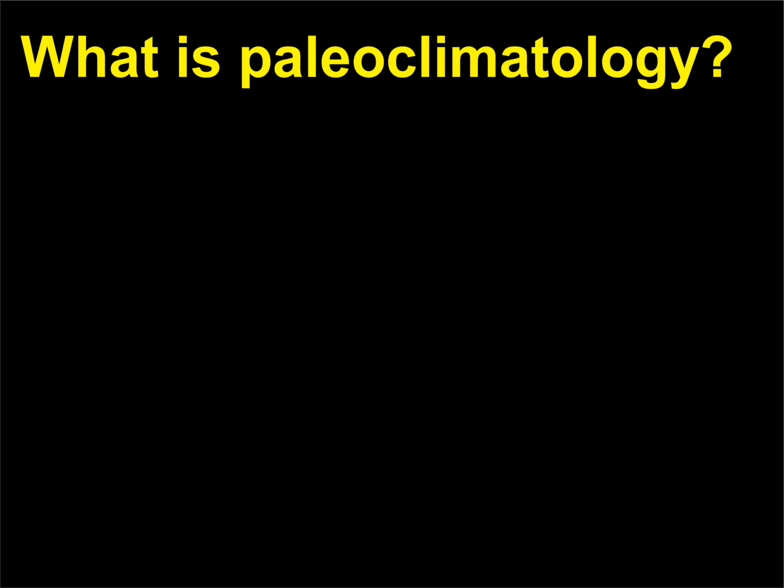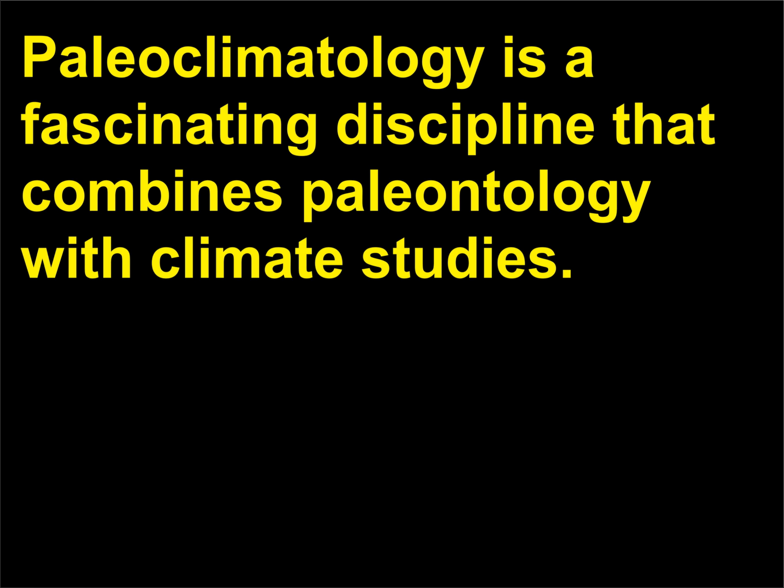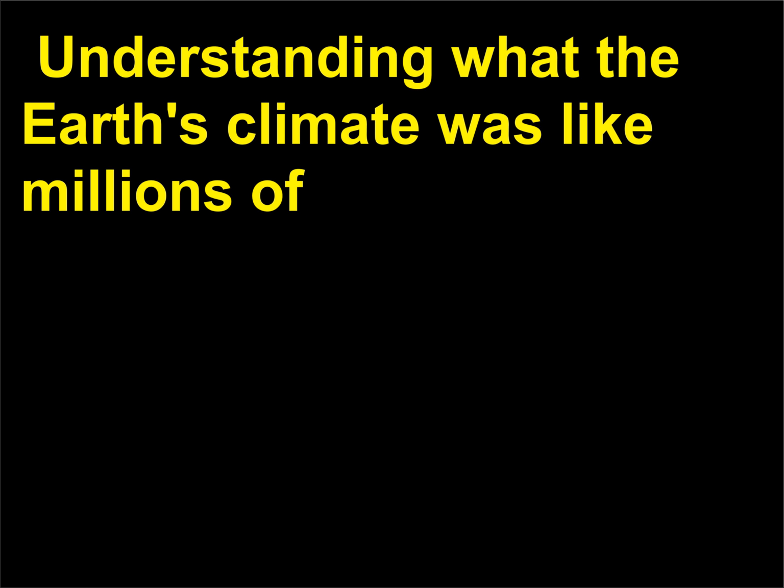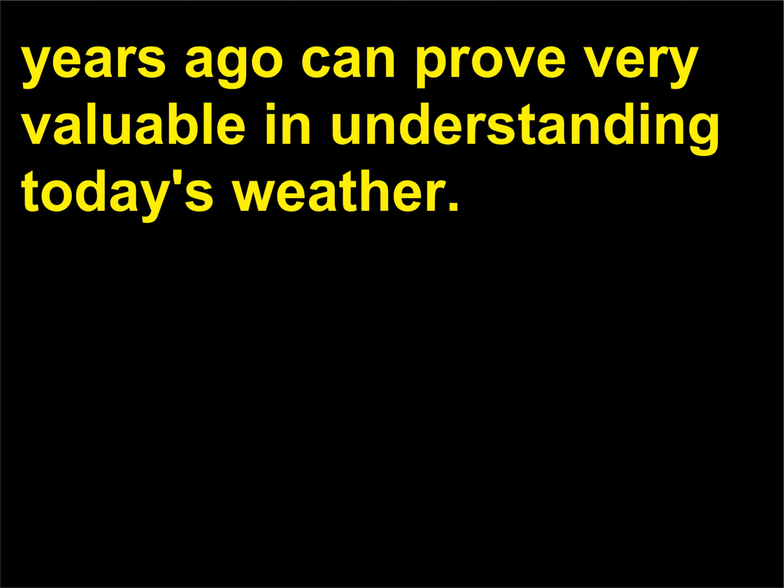What is paleoclimatology? Paleoclimatology is a fascinating discipline that combines paleontology with climate studies. Understanding what the Earth's climate was like millions of years ago can prove very valuable in understanding today's weather.